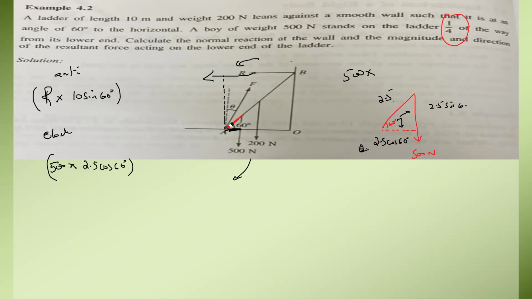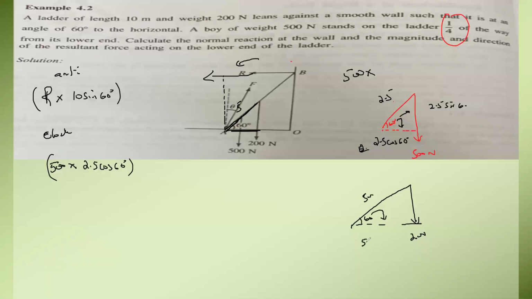Then we have another turning effect. How much is this distance? It's a uniform ladder, so this will be 5 meters. So what is the perpendicular distance? The weight of the ladder is 200 Newton and it is acting at a distance of 5 meters. So how much is this distance? This angle 60 is there, so it is making an angle.